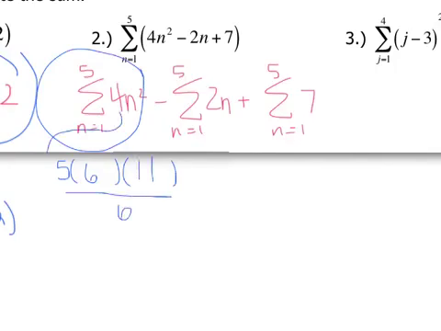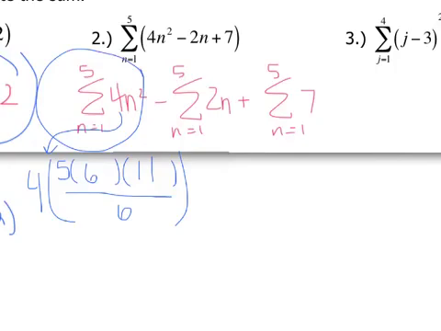Now don't forget that 4 out in front. Why does that have to be divided by 6? Because that's just the formula for the quadratic. But don't forget that coefficient of 4 out in front.